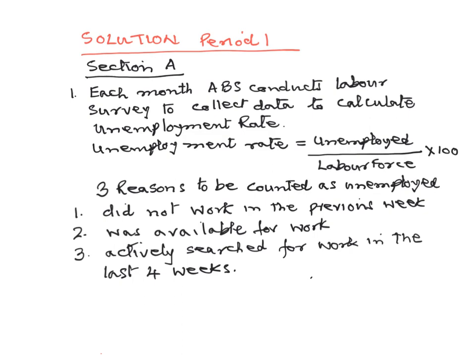The three conditions required to be counted as unemployed are: the person first did not work in the previous week, second was available for work, and thirdly actively looked for work at some point during the previous 4 weeks.